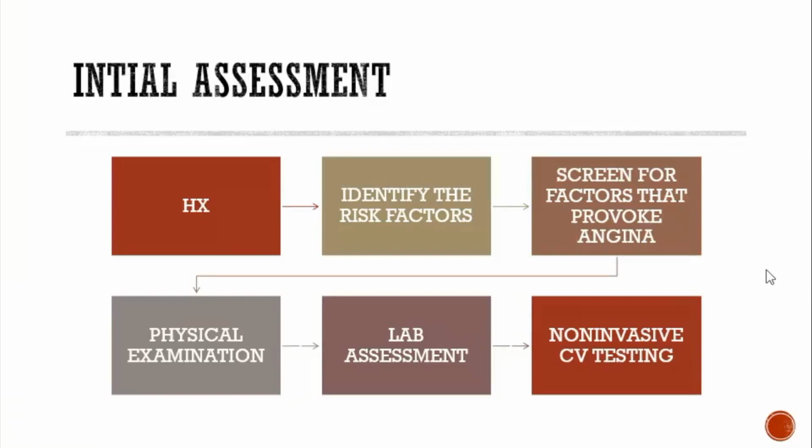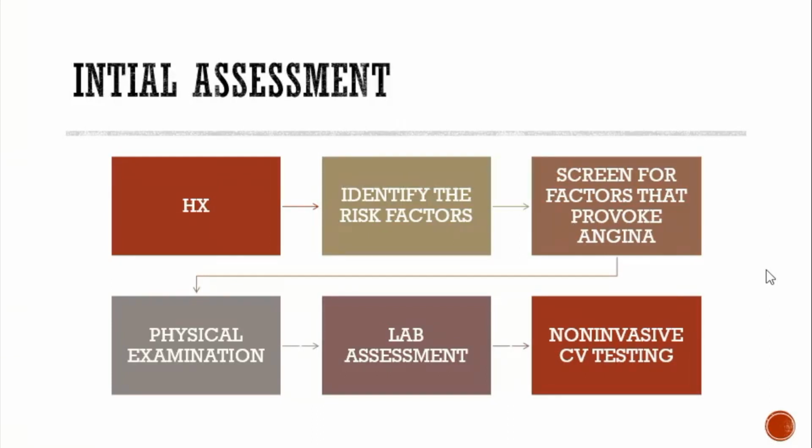Either we ask the patient to exercise, or the stress can be induced by pharmacological agents such as adenosine or dobutamine. The patient gets injected with a certain amount of dobutamine, which produces stress to the heart, and they will do the stress testing.